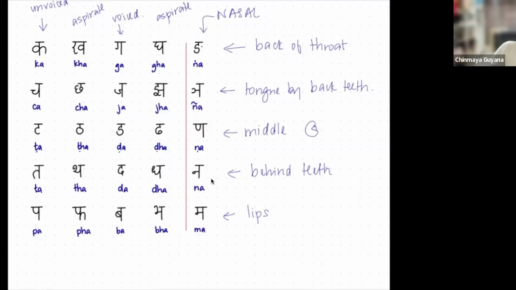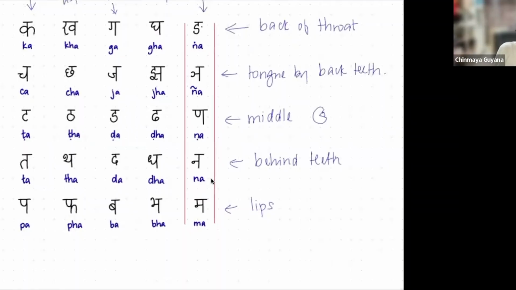This line here, when we write it in words, sometimes all of these are written as the dot on top. That dot could be any of these nasals. You have to see which is the sound next to it.